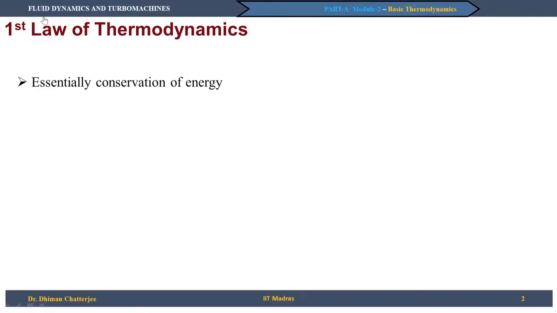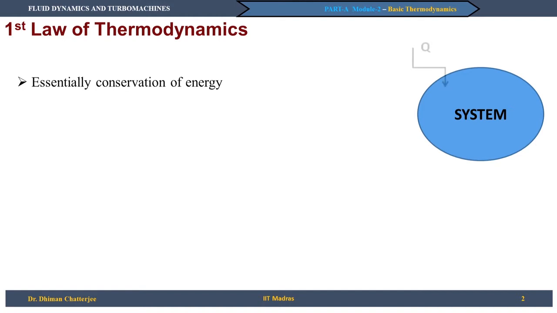First law of thermodynamics is essentially the conservation of energy. When we talk about the first law, we talk about the interaction of heat and work and the changes in different forms of energy. Let us say we have a system and some heat is added to the system and some work is done by the system.